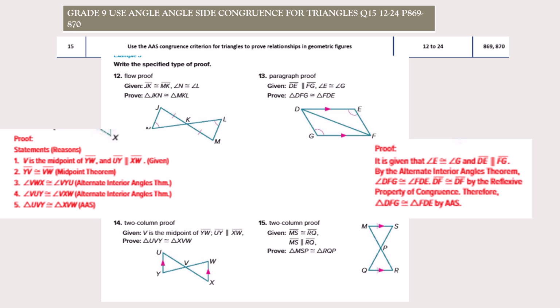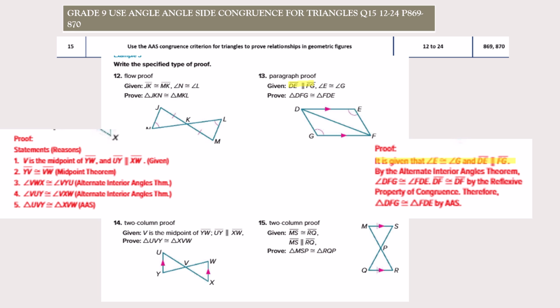So I'm going to quickly look at number 13, which asks for a paragraph proof. And as I've always stated, the most important thing is to start off with whatever is given. So you write that in a story form. It is given that, and whatever is given, you would write it down.